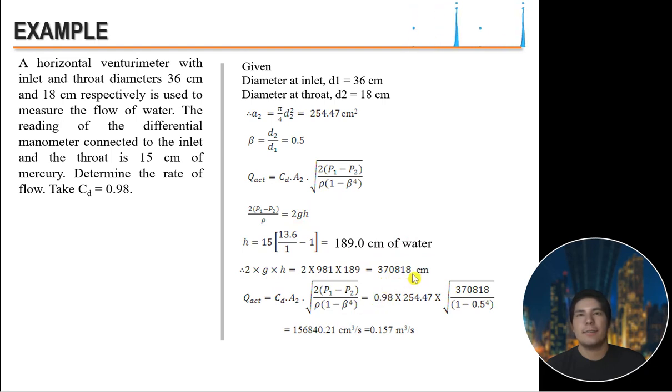We just need to substitute that into our equation, because 2GH is also equivalent to 2 times P1 minus P2 divided by the density. So we have 0.98 times 254.47 times the square root of 370,818 all over 1 minus 0.5 to the power of 4. So the actual discharge in our venturimeter is 0.157 cubic meter per second.